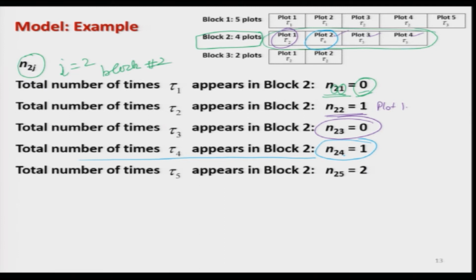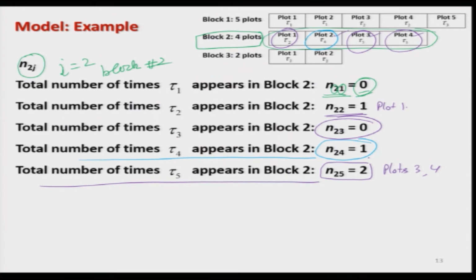And similarly for treatment number 5, you can see that it is coming in plot number 3 and 4. So, this is occurring in plots 3 and 4. So, I can write that the total number of times tau 5 appears in block number 2 is indicated by the symbol N25, which is equal to 2.